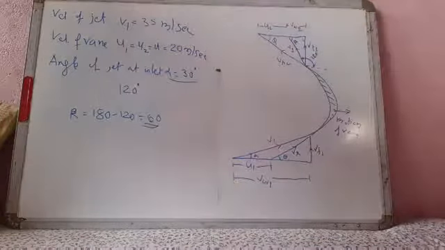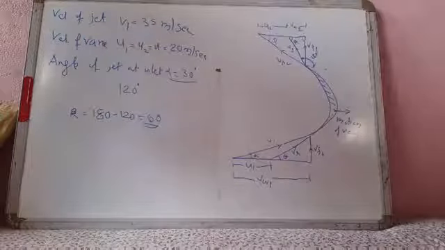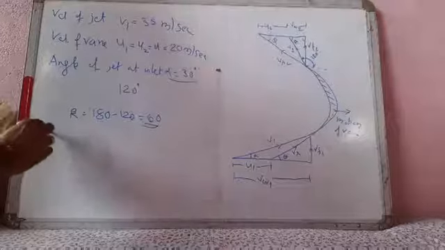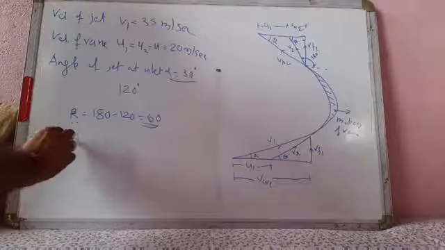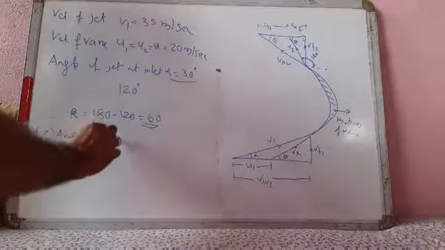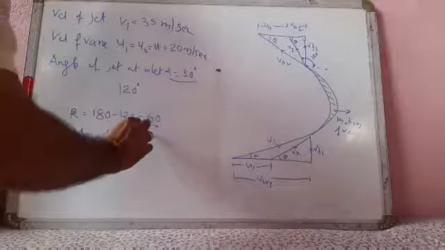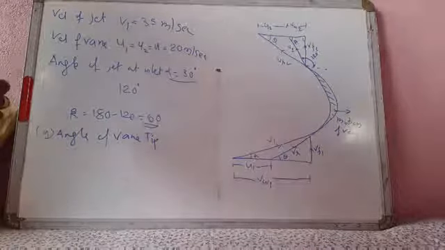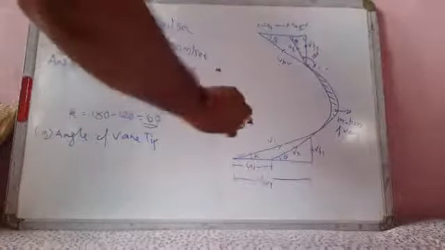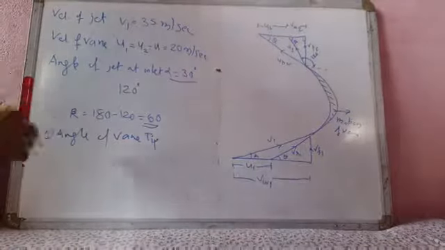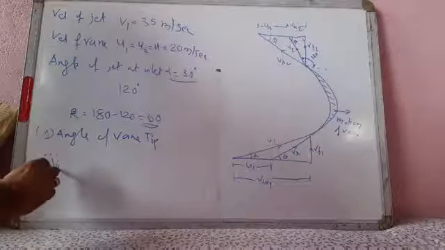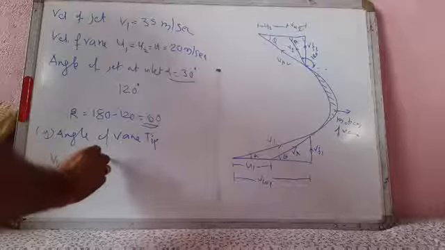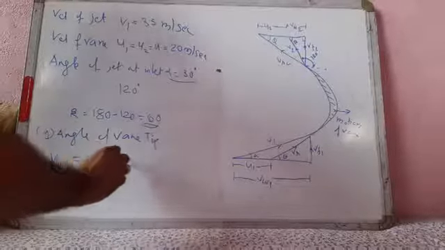Now we have to calculate the angle of vane tip from inlet velocity triangle. As we know, VW1 equal to V1 cos alpha.